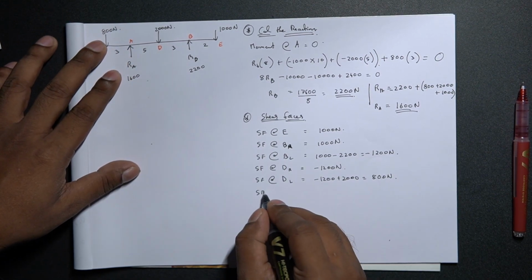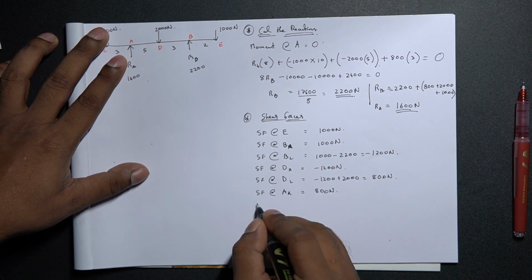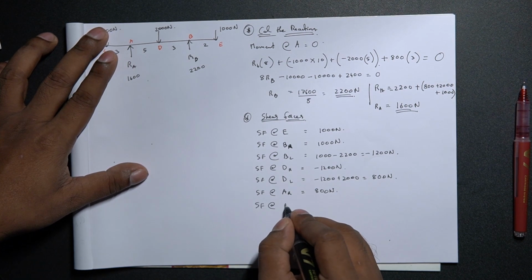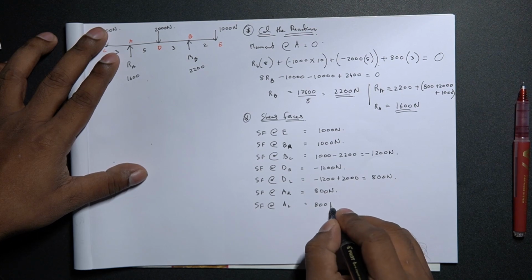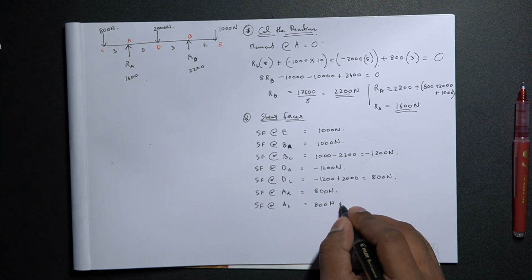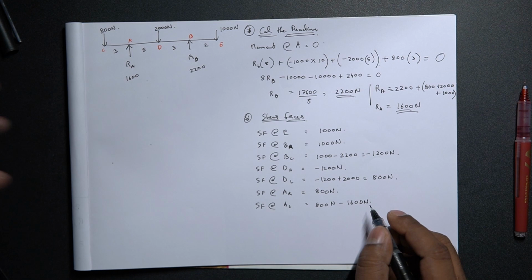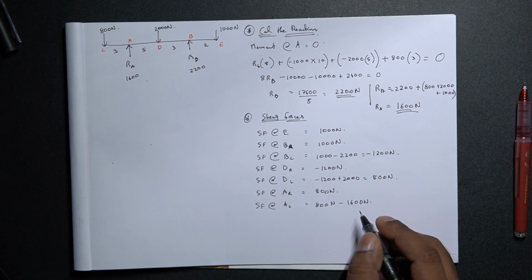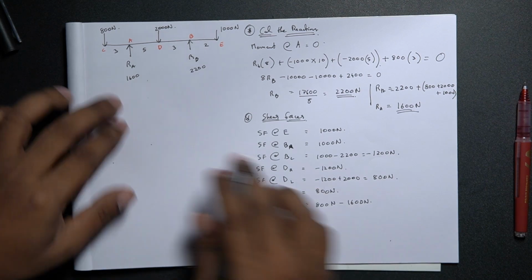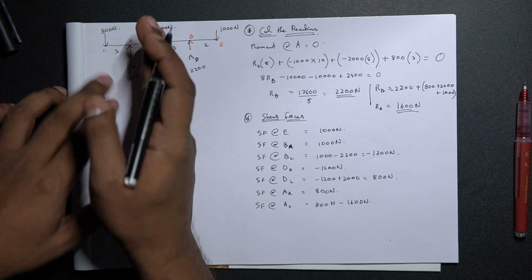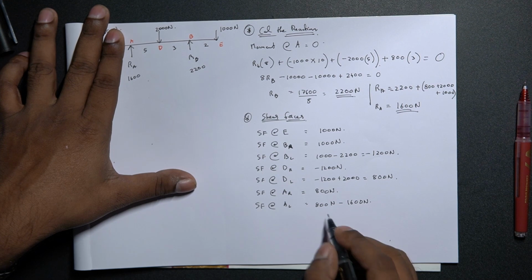Then shear force at right of A, again it is the same thing, no change. Shear force at left of A, again we have 1600 incorporated over there, so it's 800 newtons minus 1600 newtons, because it is acting from bottom to top, and on the left hand side of the section, since it's going upward, it will be negative.